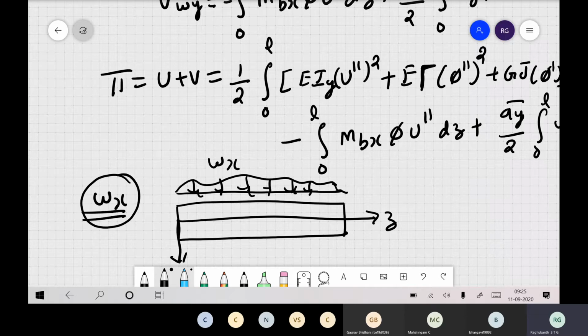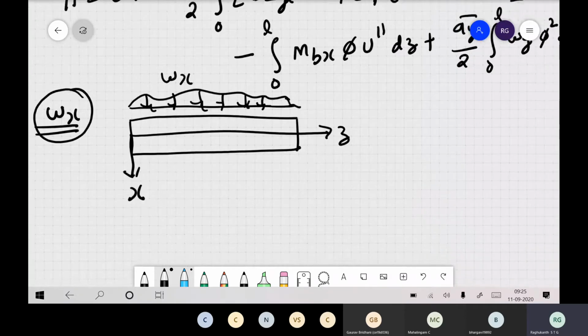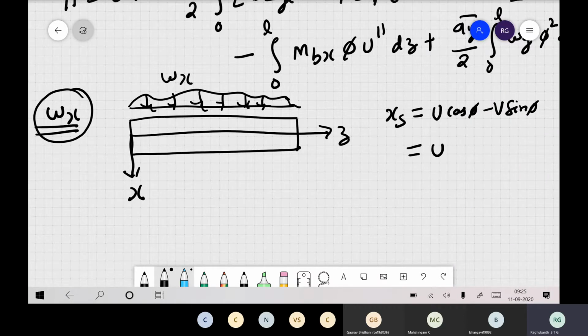Now we have xs itself, the shear center, how much it has moved. So this will be u cos phi minus v sin phi, so this becomes u double dash minus phi into v double dash.